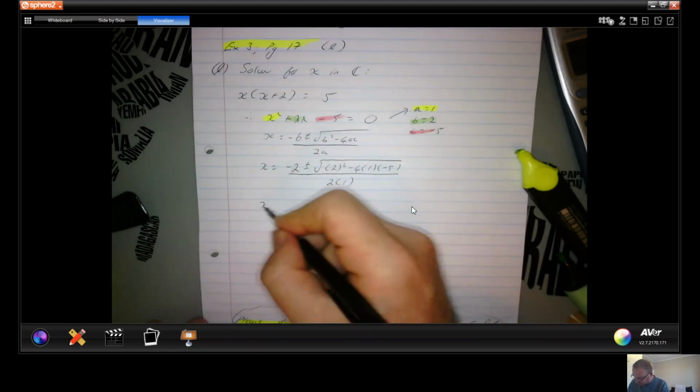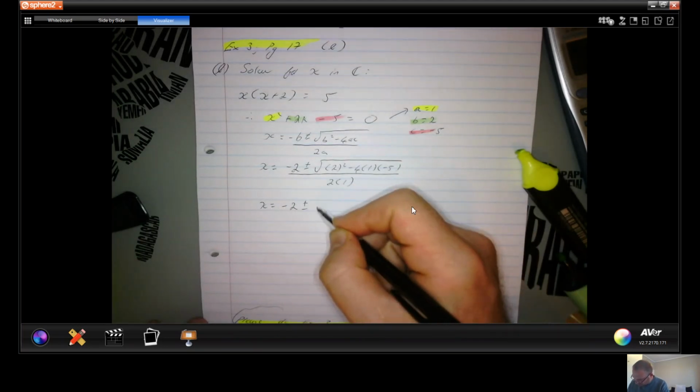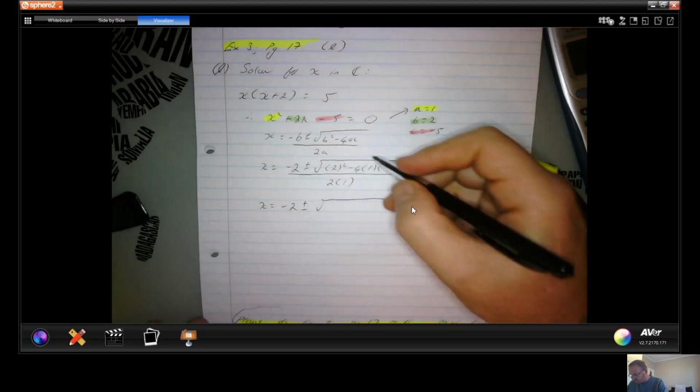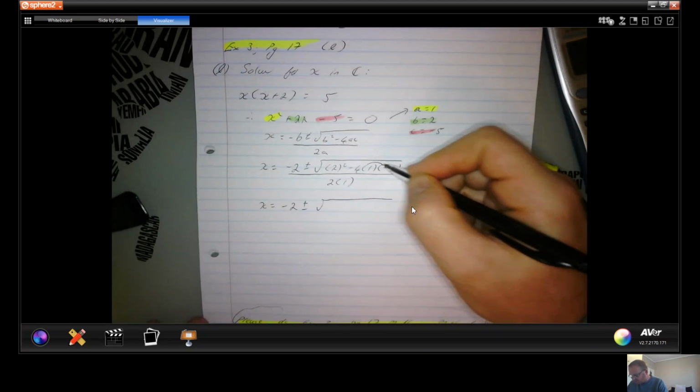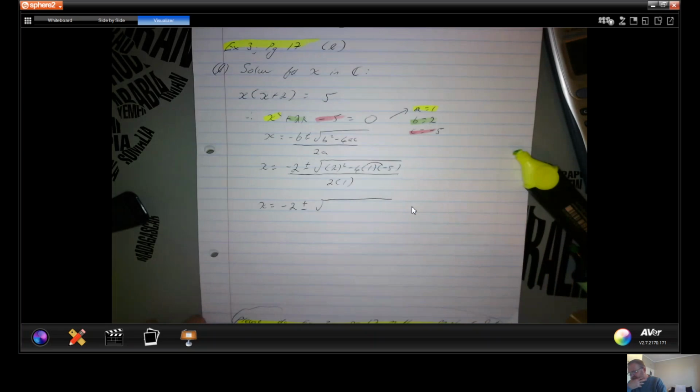Okay, so you end up with x is equal to negative 2 plus minus, here you're going to get minus 4 times minus 5, which is going to be plus 20. Hang on, I've made a mistake here. x squared plus 2x minus 5 is 0. I'm just worried. Maybe I wrote the question down wrong.